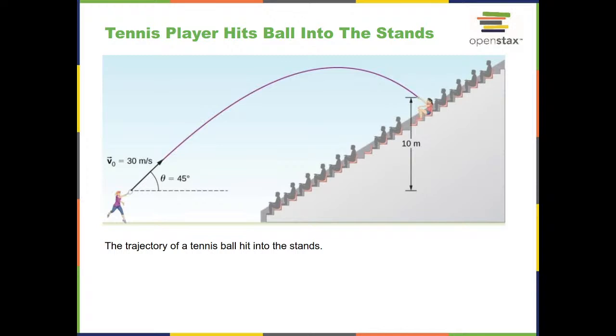And the acceleration vector for these projectile motions will be such that the acceleration is only in the y direction, it is pointing down, and it is exactly 9.8 meters per second squared.